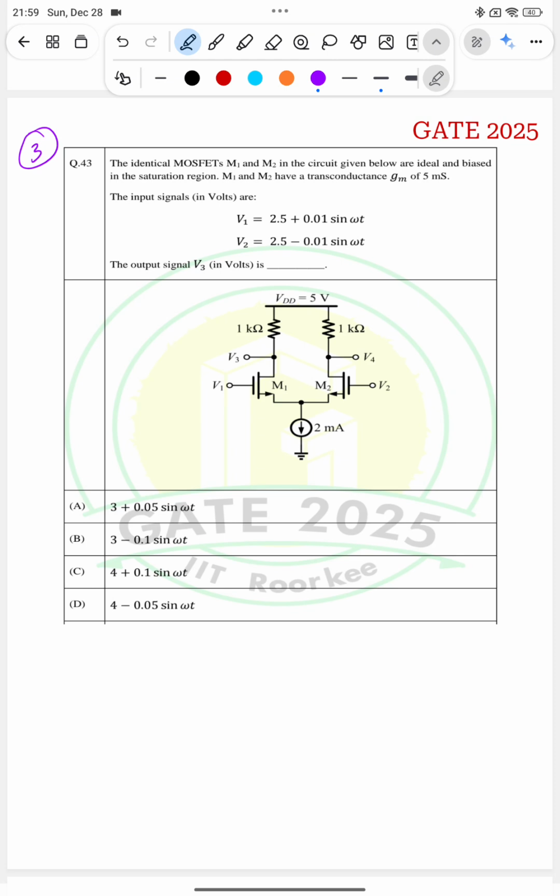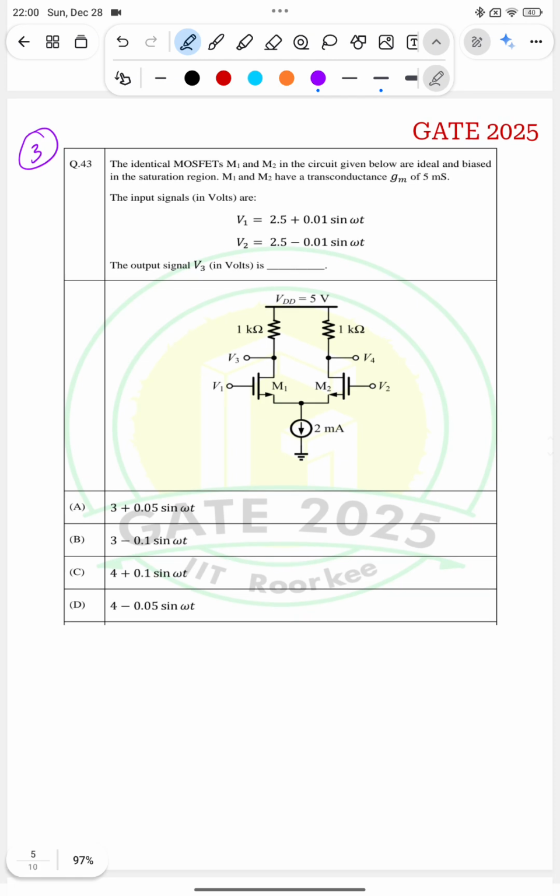M1 and M2 have a transconductance GM of 5 millisiemens. The input voltages they have given are V1 equal to 2.5 plus 0.01 sin omega t and V2 equal to 2.5 minus 0.01 sin omega t. The question is, what is the output voltage signal V3?